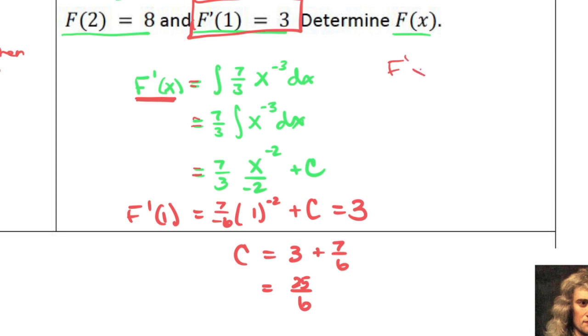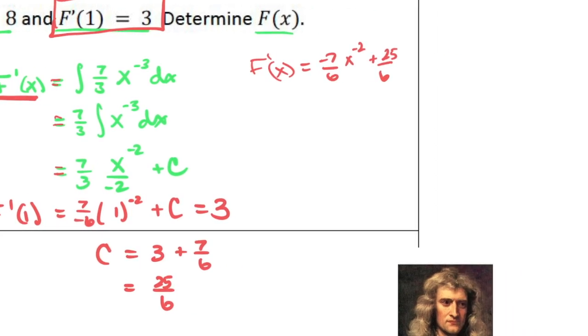Now, we take our 25 over 6 and rewrite our problem so that we have f prime of x equals negative 7 over 6 x to the negative 2 plus 25 over 6. But remember, we're not done. I want f of x. Find the antiderivative, and we get f of x equals negative 7 over 6 times x to the negative 1 divided by negative 1 plus 25 over 6 x, and don't forget, plus c.